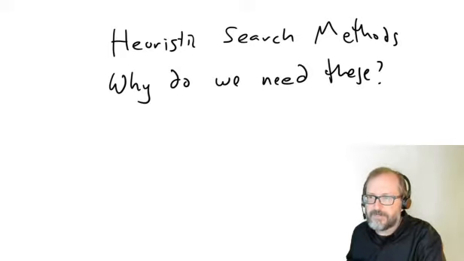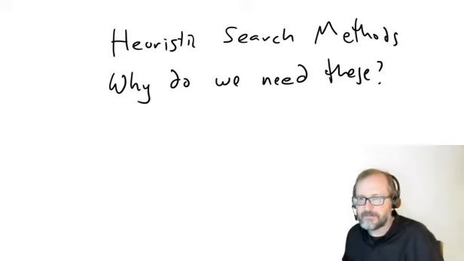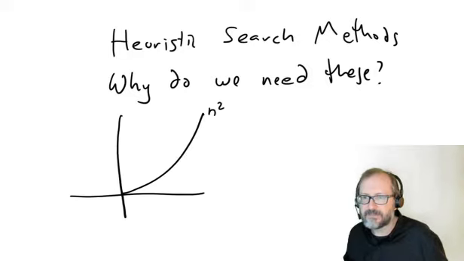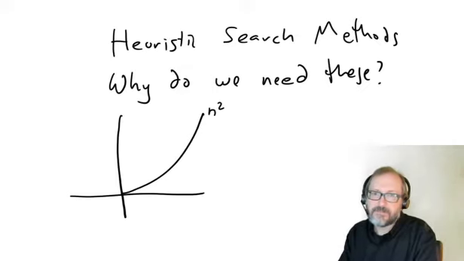So why do we need heuristic search methods? And as I mentioned at the beginning, it has to do with the speed or the cost of doing pairwise alignment, which would otherwise have been the most obvious way to do a sequence search.